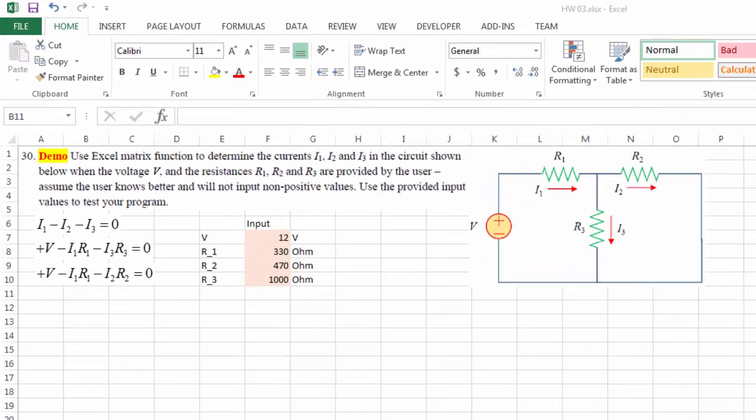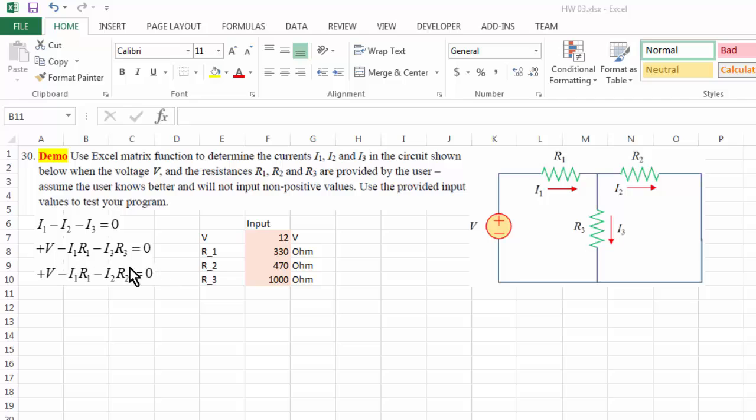Now we are ready to set up the matrices in Excel to solve this problem. Again, here are the 3 equations that I wrote earlier. The first one is a KCL equation. The second and the third one are KVL equations. In these 3 equations, the only unknowns are the 3 currents, I1 through I3.